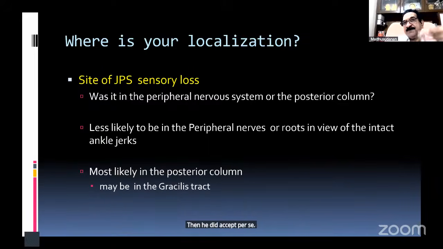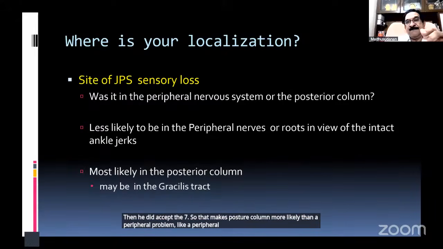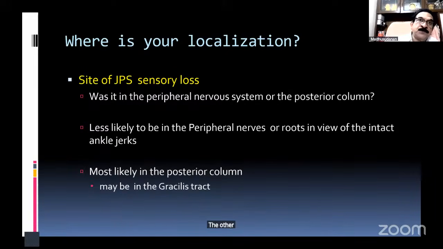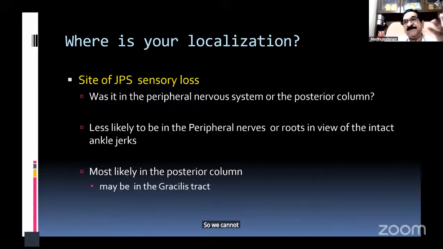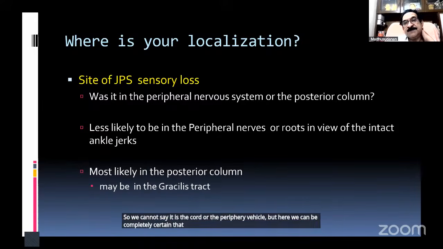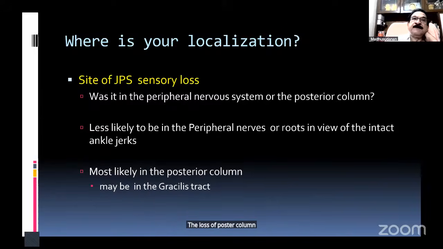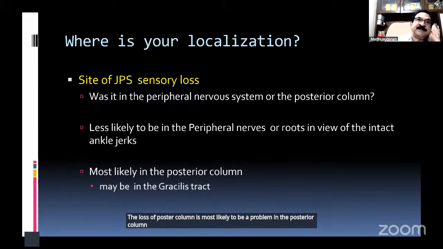So that makes the posterior column more likely than a peripheral problem like a peripheral neuropathy. In the other areas, there is no clue, because in the areas of pain loss, those reflexes are all intact. So we cannot say it is the cord or the periphery. But here we can be relatively certain that the loss of JPS is most likely a problem in the posterior column rather than in the peripheral nervous system.